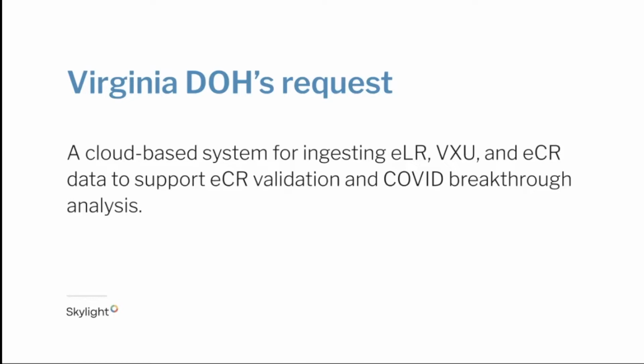For those of you who are familiar with ELR, VXU, and ECR, you'll know that ELR and VXU are HL7v2 messages, and ECR are CCD documents, which is really additional specifications built on top of XML. So in terms of the data we had to work with for this project, we had two different types of HL7v2 messages, and then another very different data format, CCD.